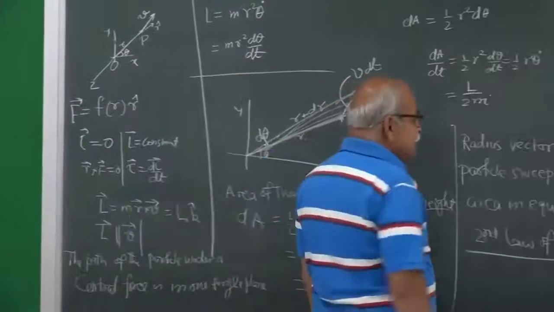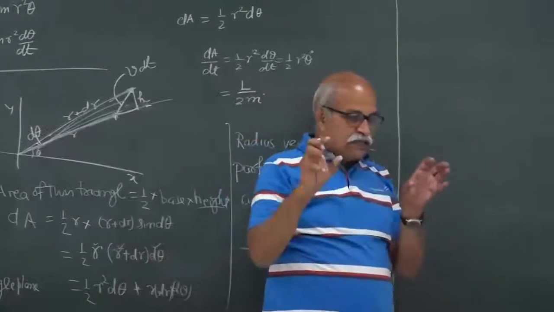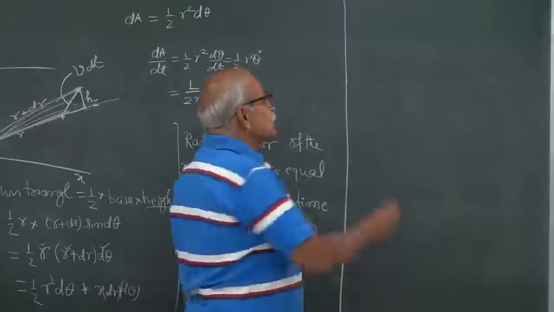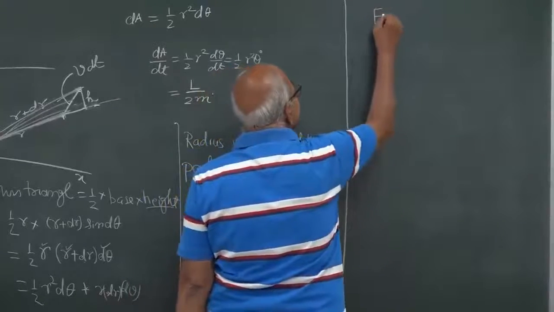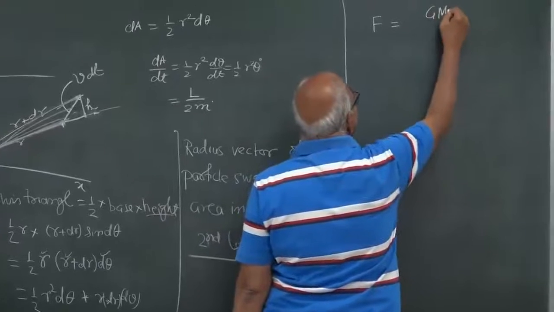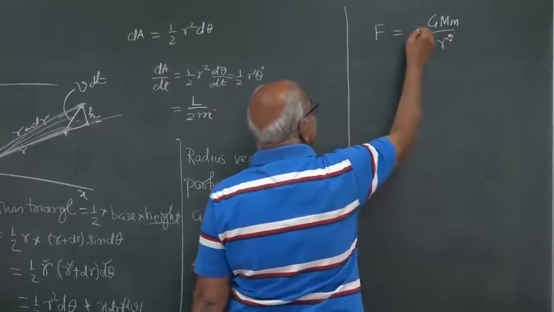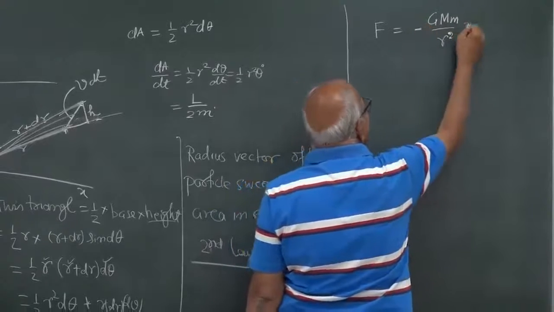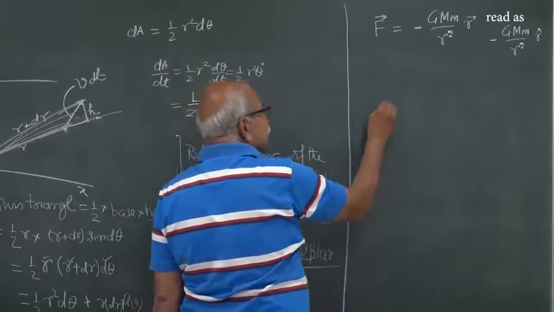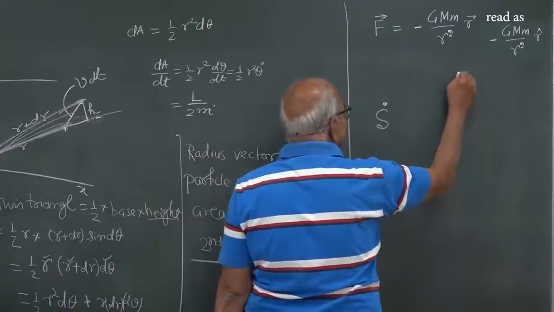Now, specifically, if you talk of that sun planet type system, you know, the force is given by G m by r square magnitude, and then the direction. So, we can write minus and r cap here. So, this is taking sun as the origin and planet as the particle.